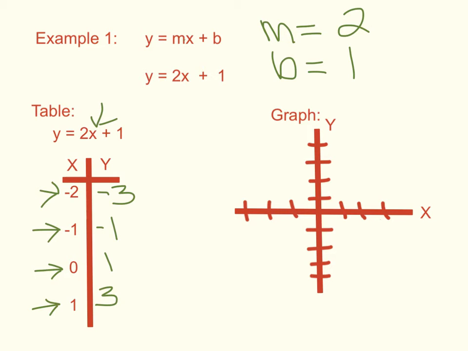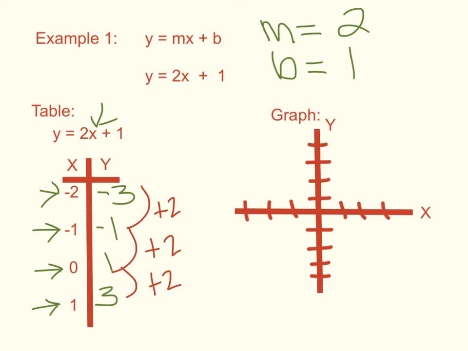So let's take a look here and identify on our table the slope and the y-intercept. You can see the slope by looking at our y values. We can see that we are going up 2 each time, and our slope is 2. Our rate of change is 2.